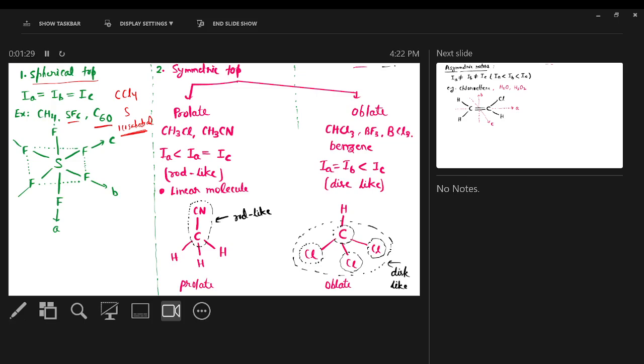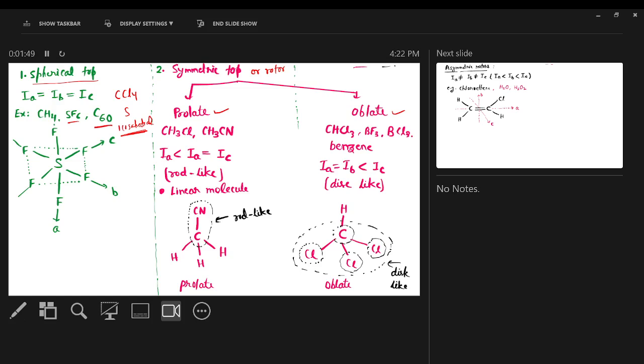And the second one is symmetric top or symmetric rotor. In this category, we will have two classes. First is prolate and the second one is oblate. Okay.